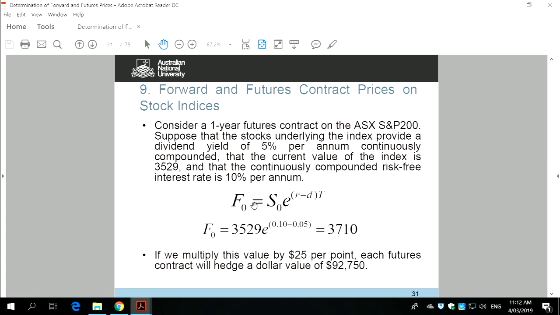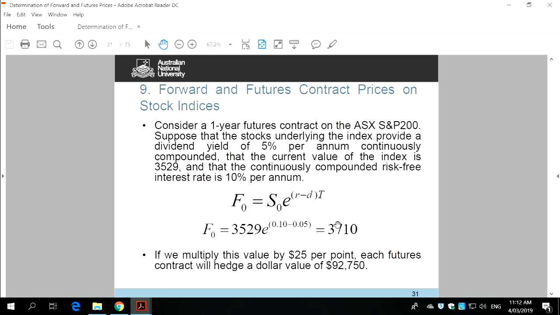So how does that affect our forward futures price? You take those points, so that's your spot price, 3,529. You multiply by e to the power of 10%, which is your interest rate, minus 5% dividend yield, and you get 3,710. A lot of people just finish right there.